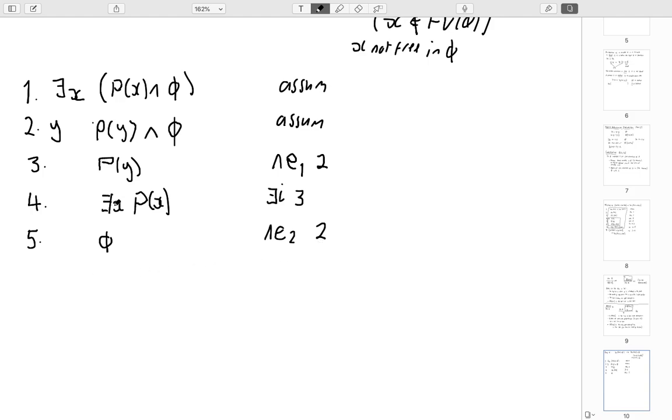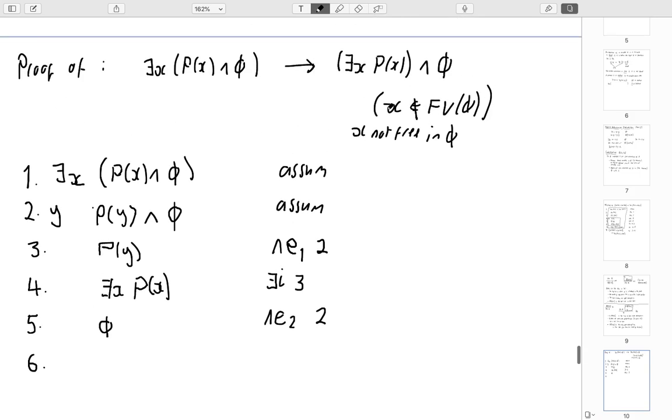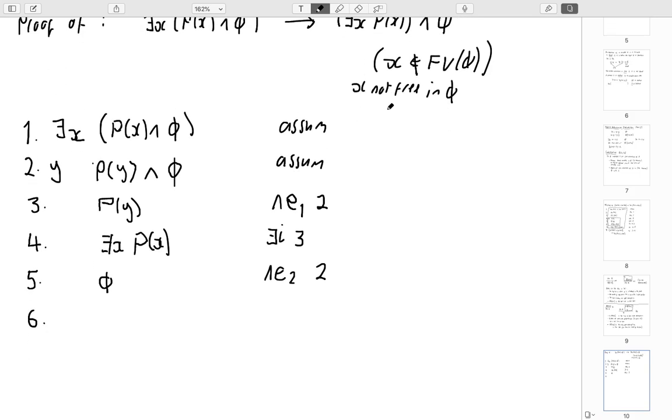Now we've got exists x px, and we've also got phi, so we can put them together and get the conjunction that we want on the right hand side of our proof. Exists x px and phi. So this is and introduction on 4 and 5.